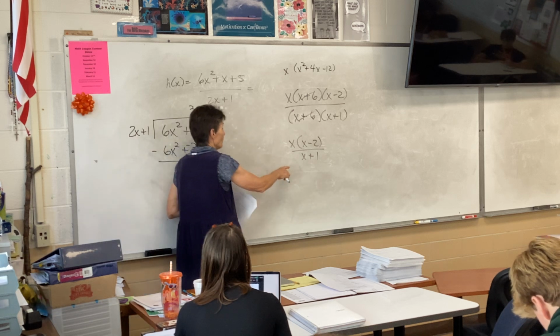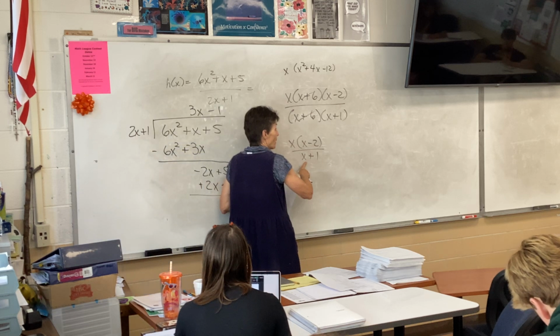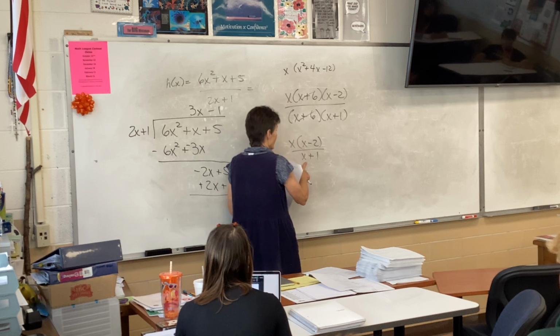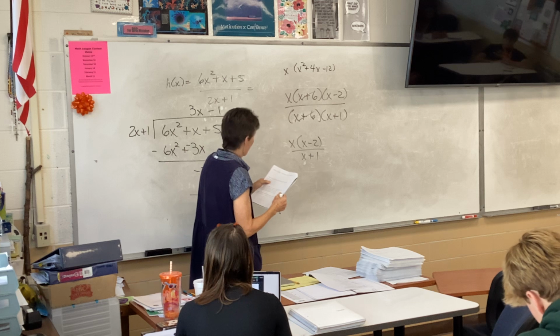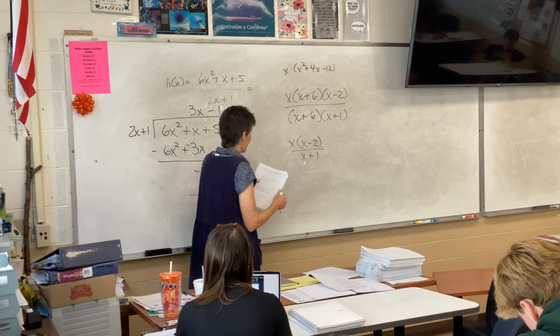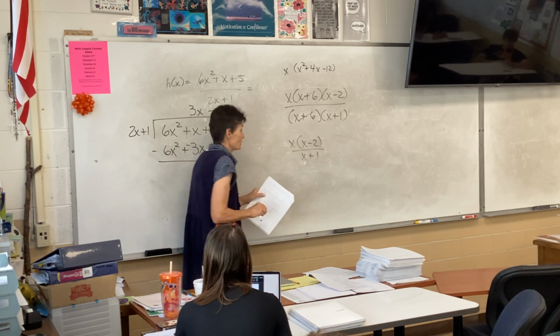Vertical asymptote will be where? I'm just filling in his blanks. How's it plus 6 plus 8? Did I factor wrong? No, I'm sorry. Vertical asymptote at x equals negative 1.